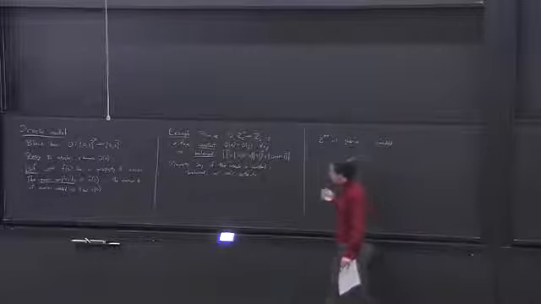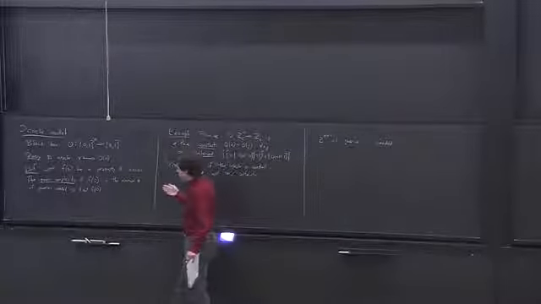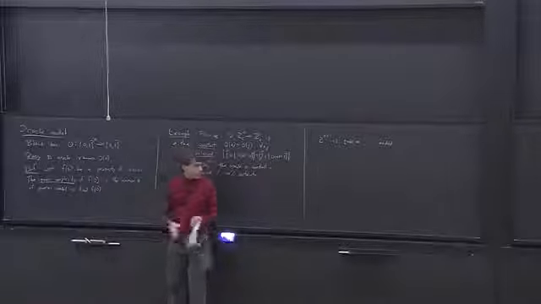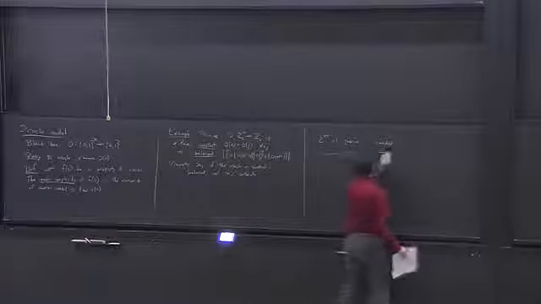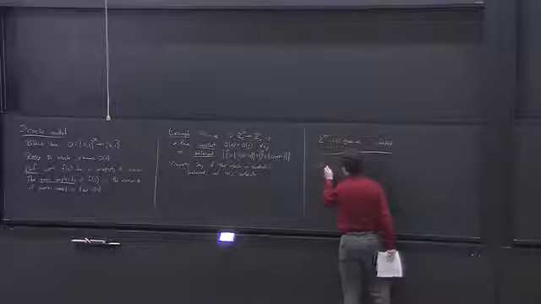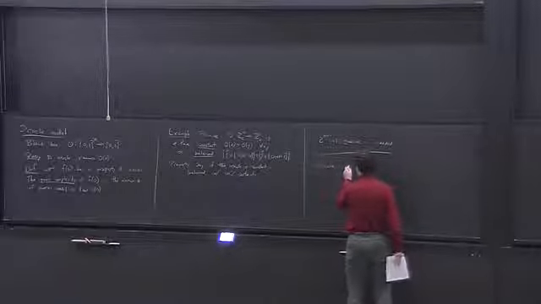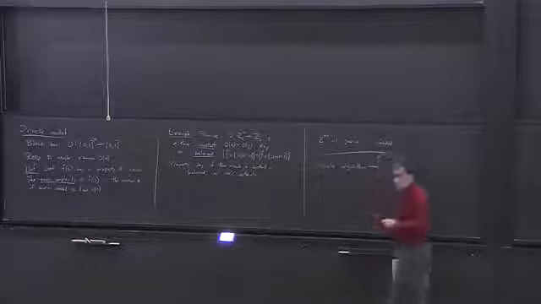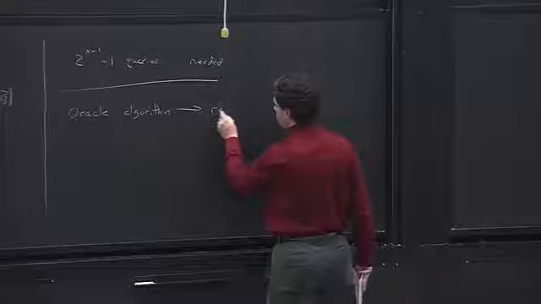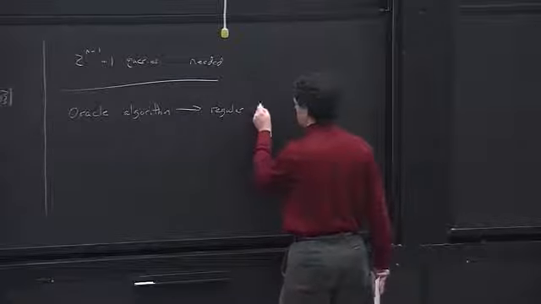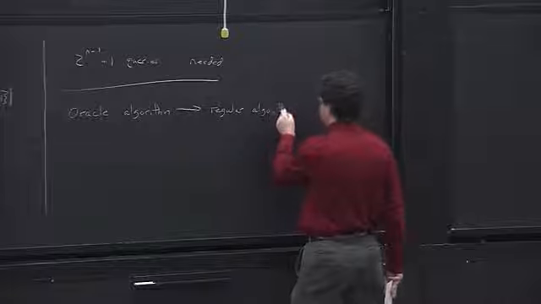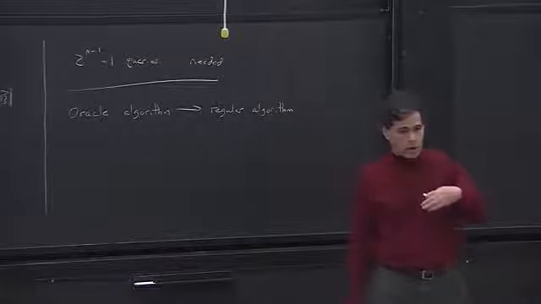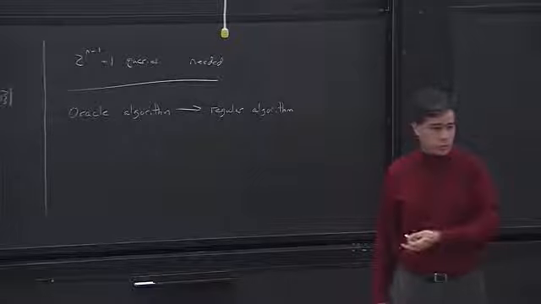And that's important because if you have an Oracle algorithm, here, this I want to write down. So given an Oracle algorithm, a query algorithm, you can convert it into a regular algorithm by substituting an explicit function for the Oracle.